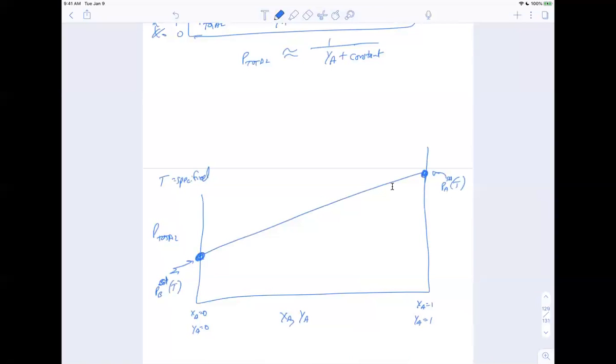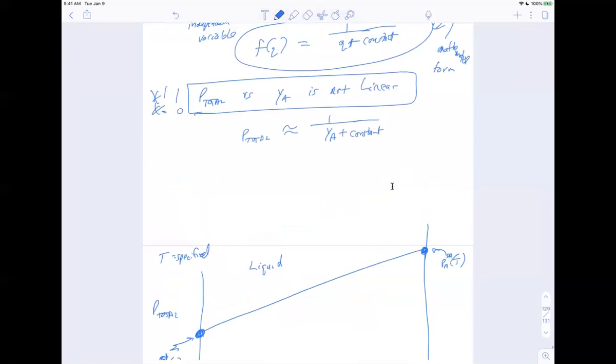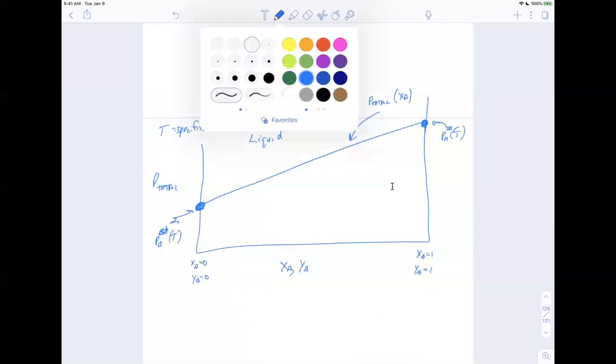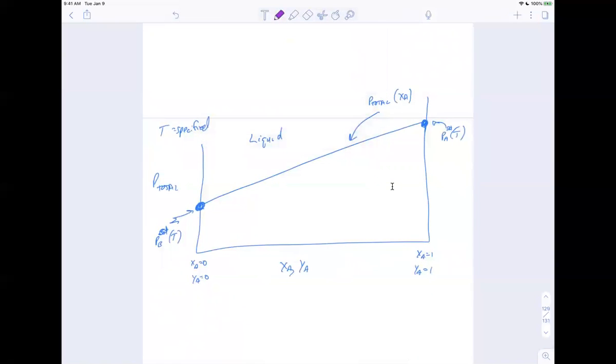Okay, and we saw that up here is all liquid because we have high pressure. Anything along the line is a coexistence. So now we have to plot P total as a function of YA. So this curve is P total at coexistence as a function of XA. Okay. And P total of YA, it turns out, in this case, is going to look like this.